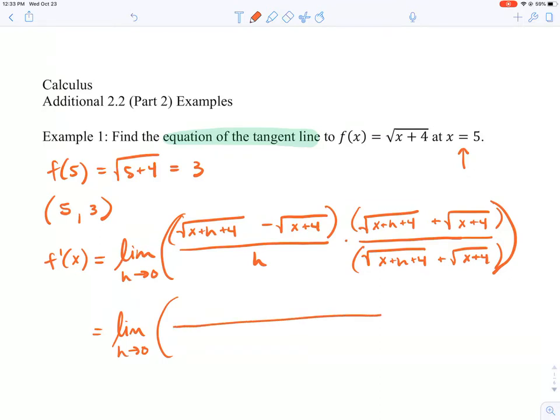When we multiply the numerator out, I won't need the parentheses anymore, we'll get x plus h plus 4, and then minus the quantity x plus 4. The denominator, I'm going to leave that h factored out. Do not distribute the h because we're trying to get it to cancel.